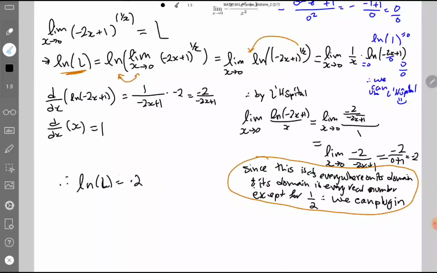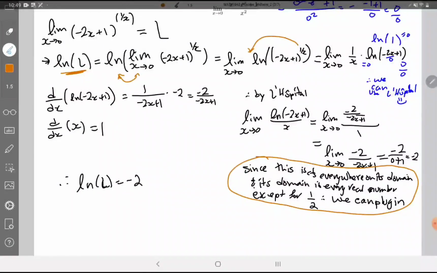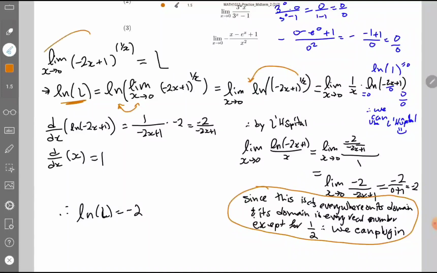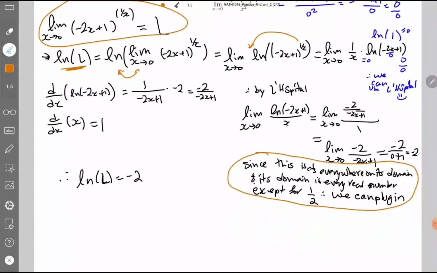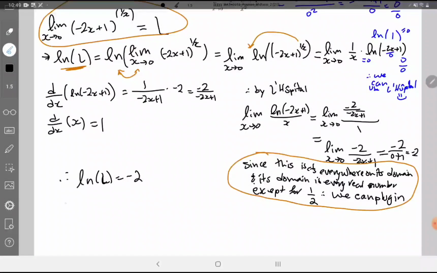That is a horrible minus sign. But what we're trying to figure out is L, this limit up here. Let me go back up a little. This is what we're trying to figure out. So I need to actually take the exponential.